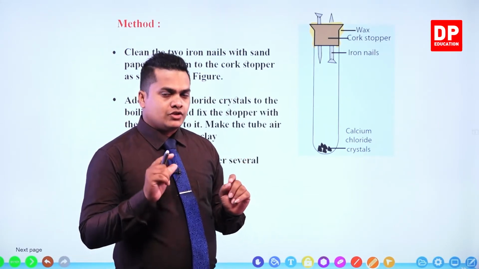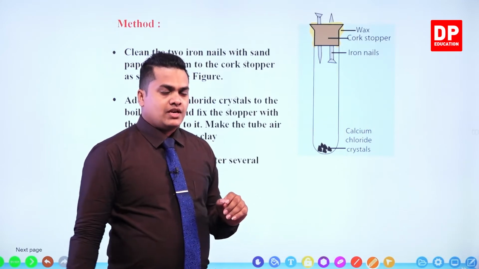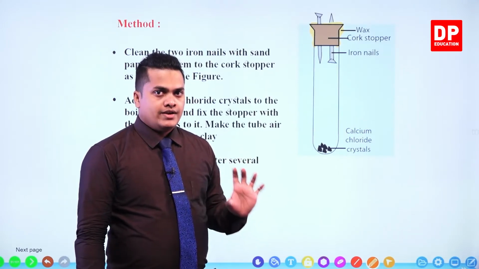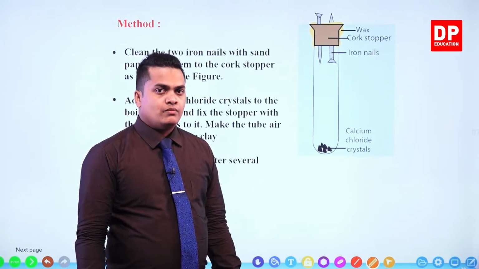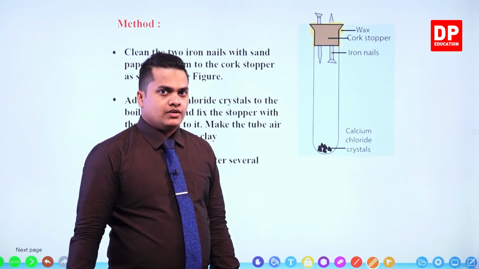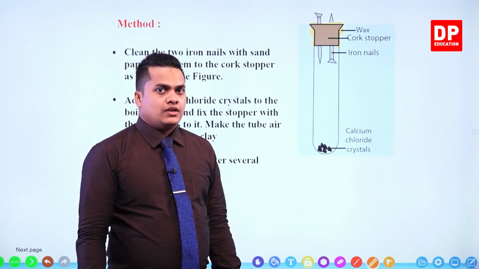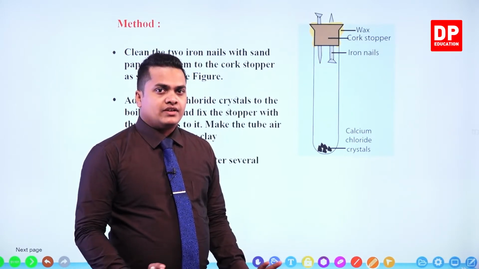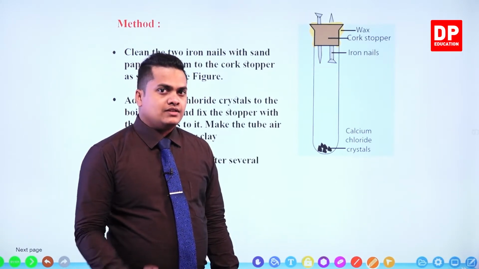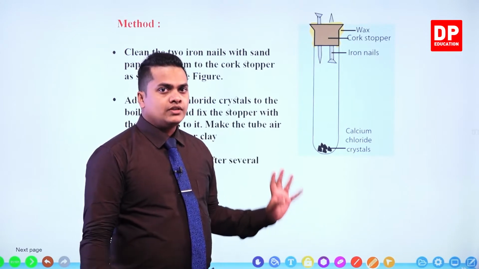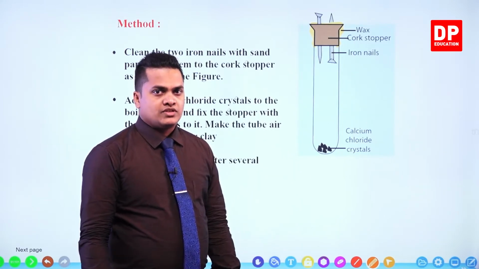In the earlier activity, I told you that when I fix the nails into the boiling tube, I'll need a cork stopper, right? Even though I haven't included it in the materials, the cork stopper is also important in fixing these iron nails to the system, right?